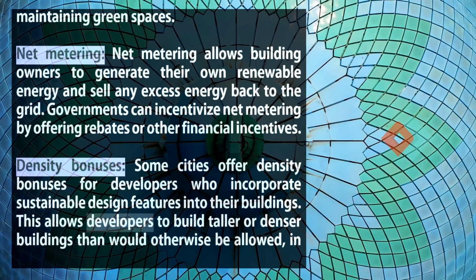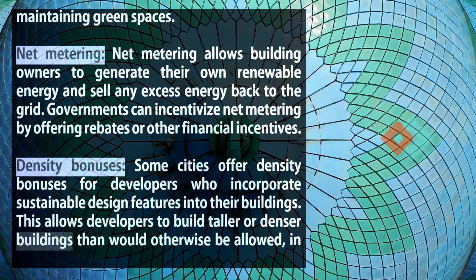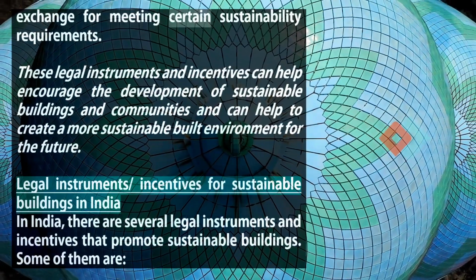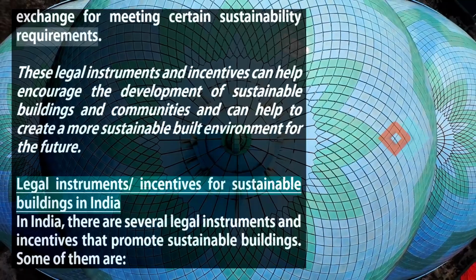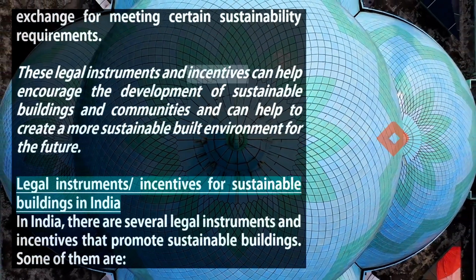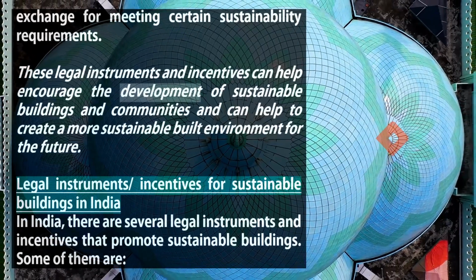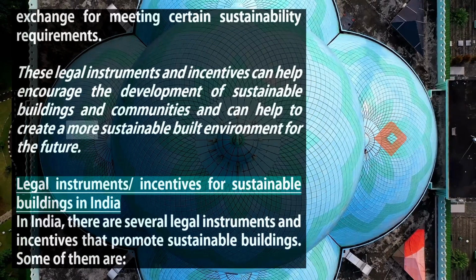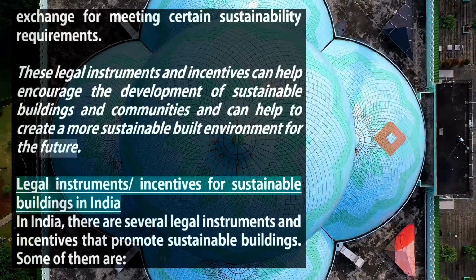This allows developers to build taller or denser buildings than would otherwise be allowed, in exchange for meeting certain sustainability requirements. These legal instruments and incentives can help encourage the development of sustainable buildings and communities and can help to create a more sustainable built environment for the future.